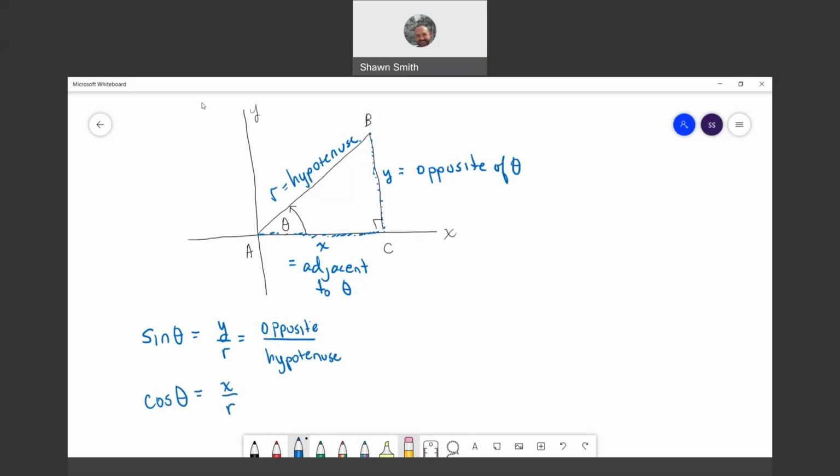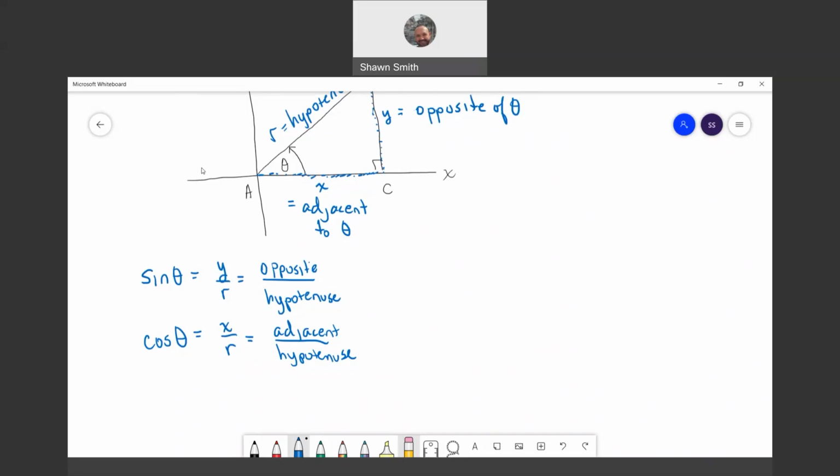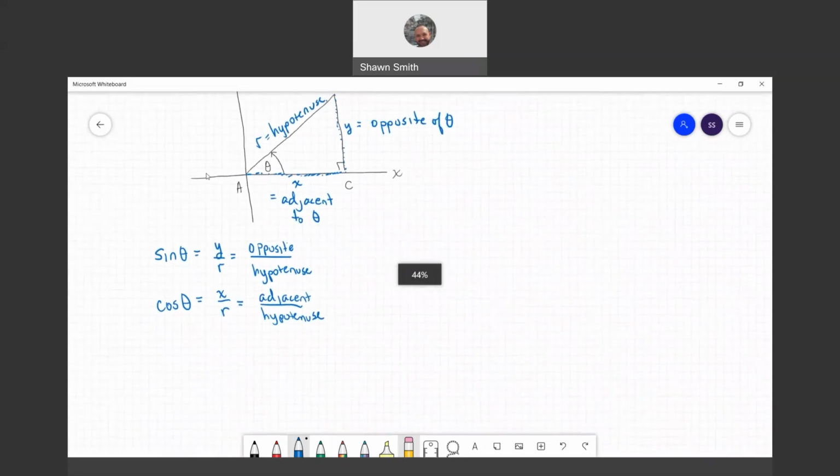Cosine of theta was x over r, which x is adjacent to theta, r is hypotenuse. Next we have tangent, which was y over x, opposite over adjacent.